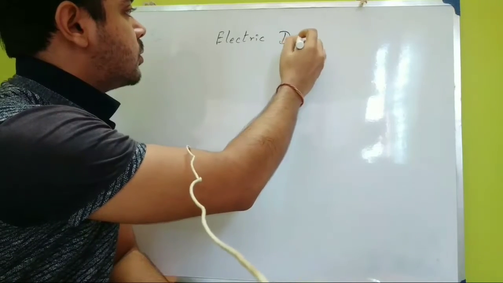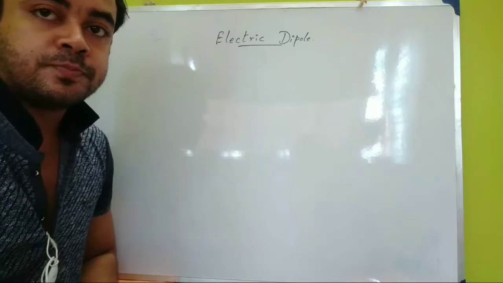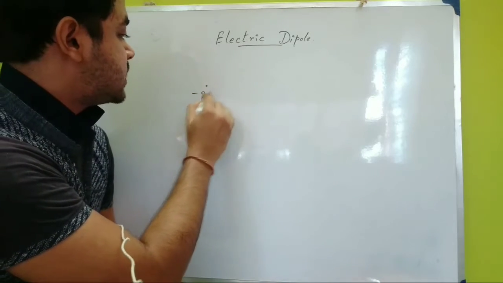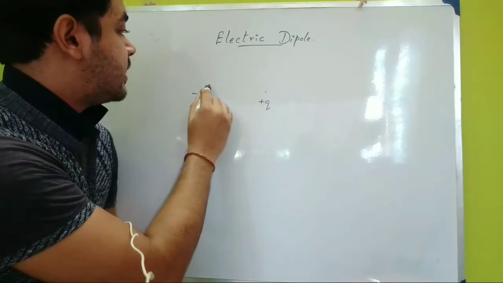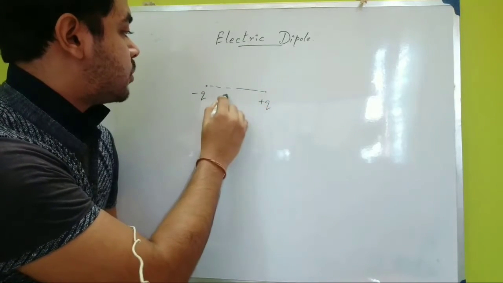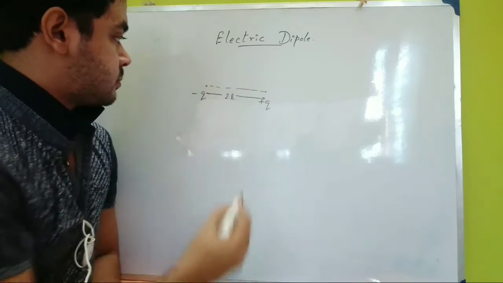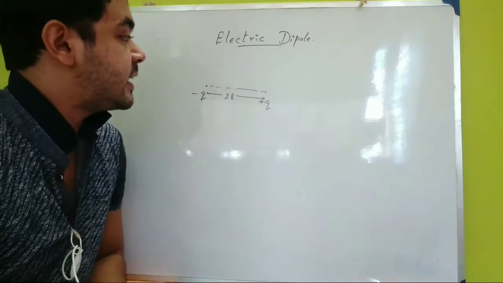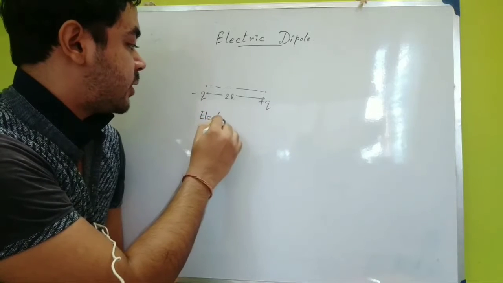Electric dipole. What is an electric dipole? Suppose this is minus q charge and this is plus q charge, and they are separated by a small distance twice L. This system is known as the electric dipole.